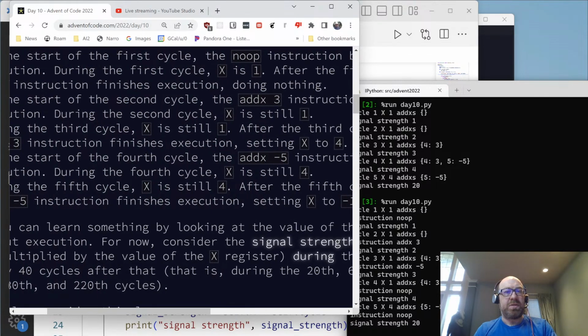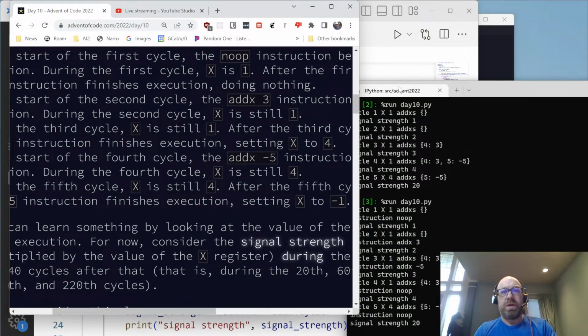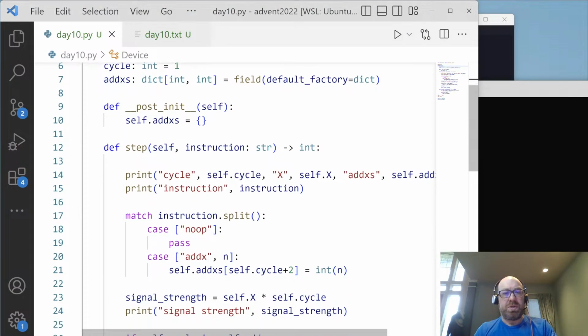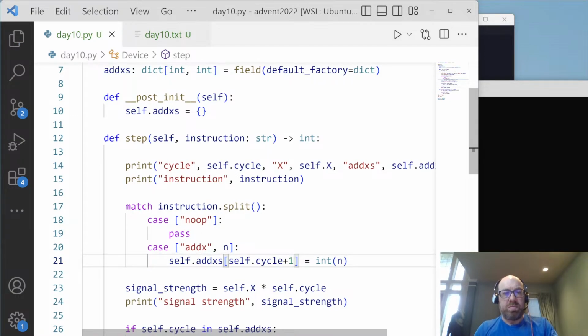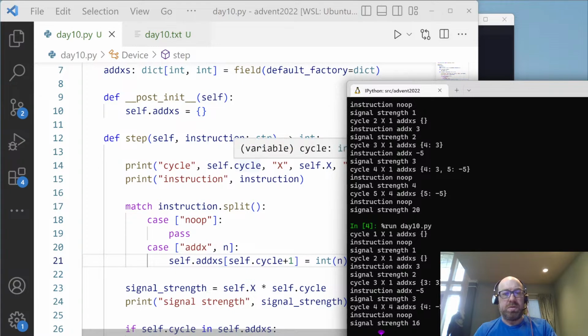During the second cycle, x is still 1. During the third cycle, x is still 1. After the third cycle, okay, so I have a logic error, which is that this should be self.cycle plus 1, I think. So let's run this again and see what happens.